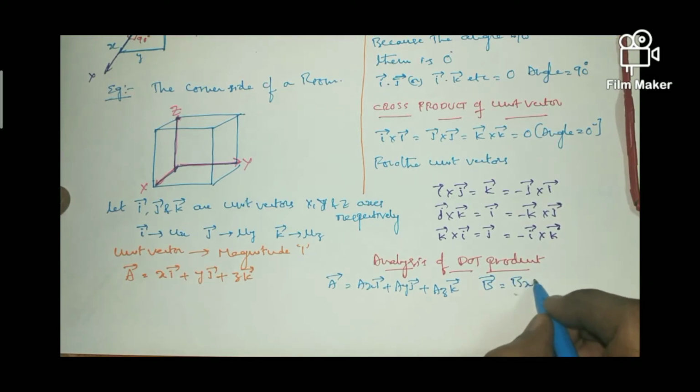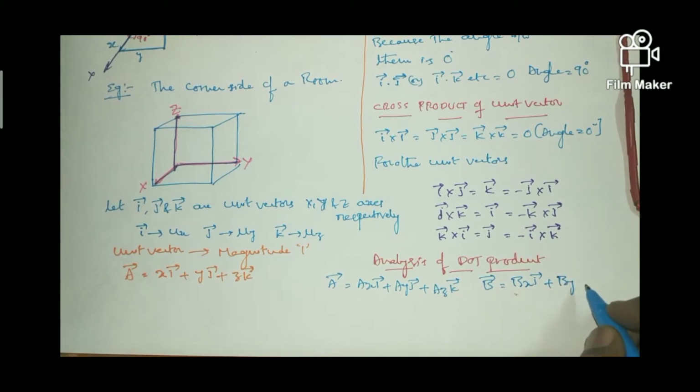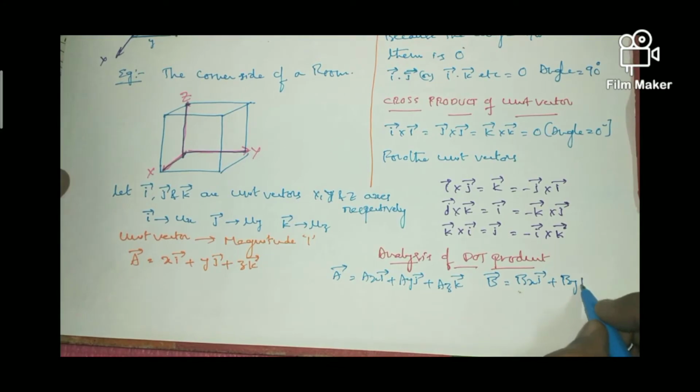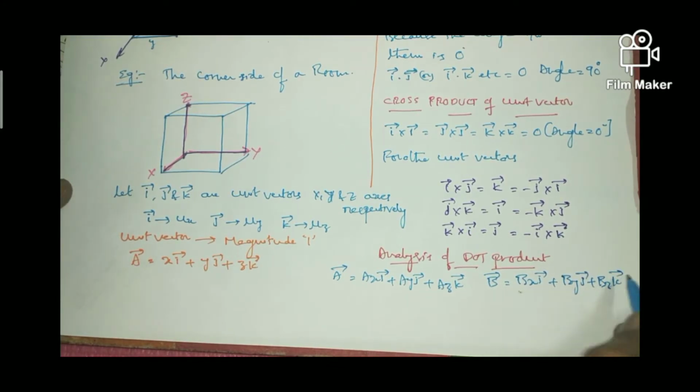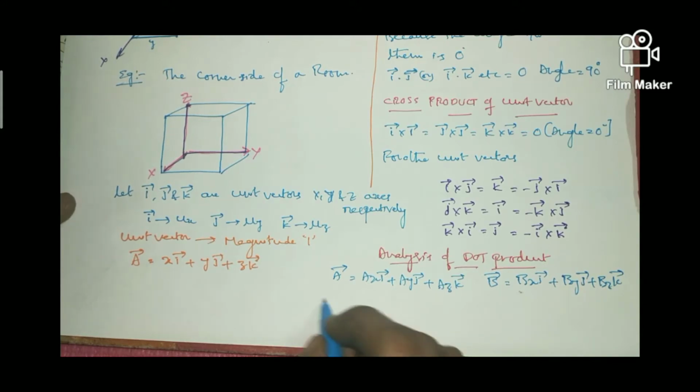Similarly, b bar is equal to bx i bar plus by j bar plus bz k bar. Bx, by and bz are the lengths along x, y and z axis respectively.